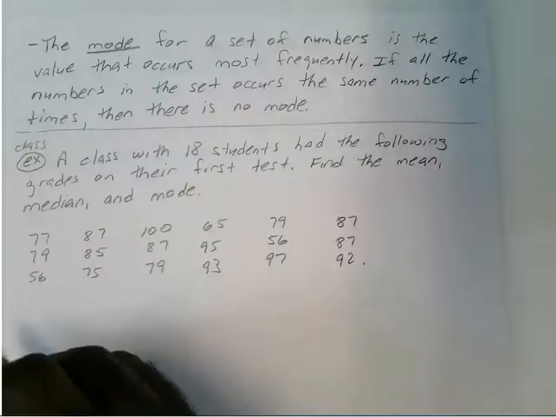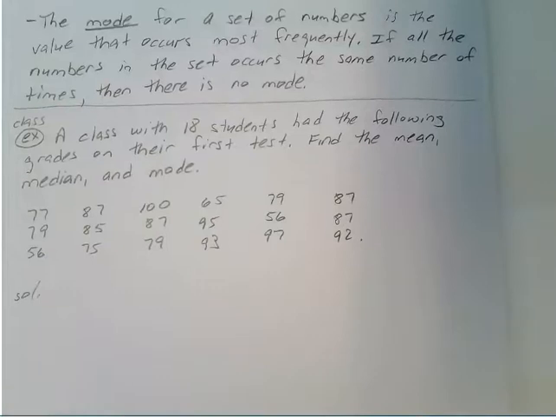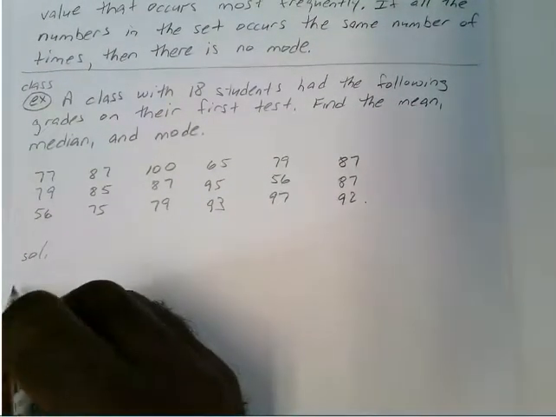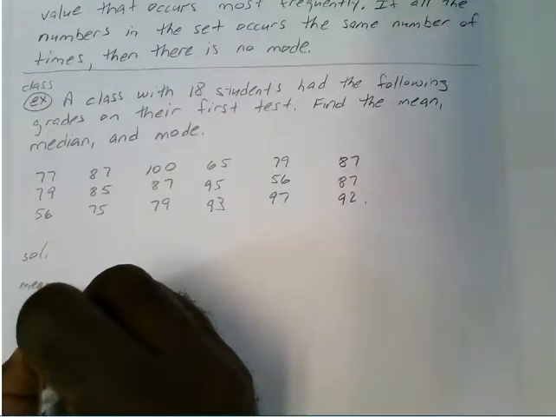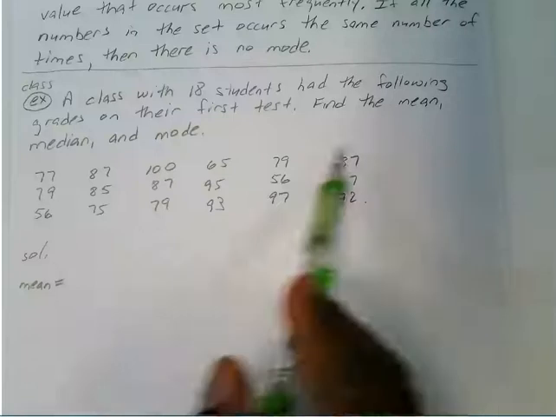Alright, so I'm assuming you have pressed pause and worked this out. So let's go ahead and verify your answer. Okay, now for your mean, remember we add all these together and divide it by the number of values.